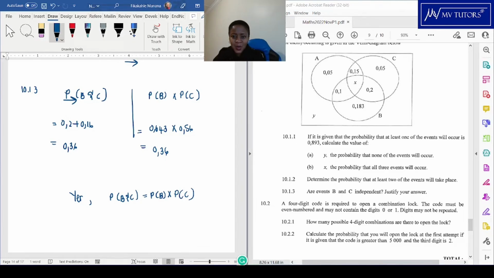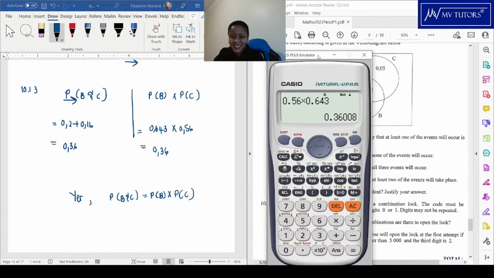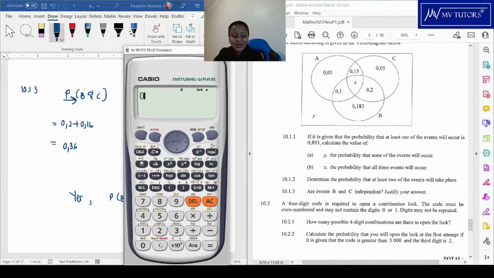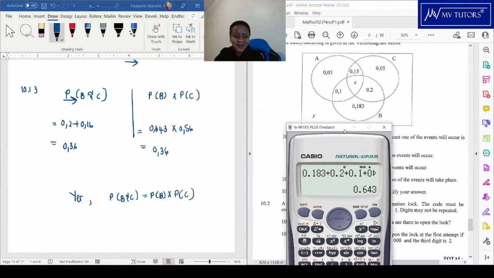Sorry, I'm still haunted by this digit that I found. Can I just check again the probability of B? So I have 0.183 plus 0.2 plus 0.1 plus 0.16, and it is 0.643.